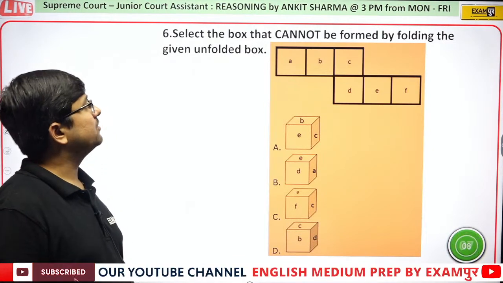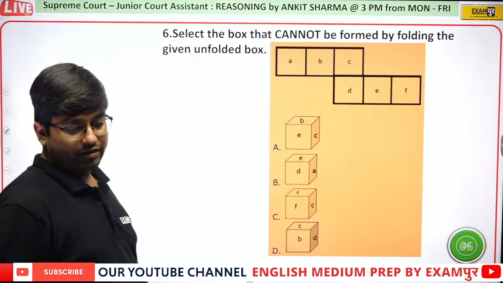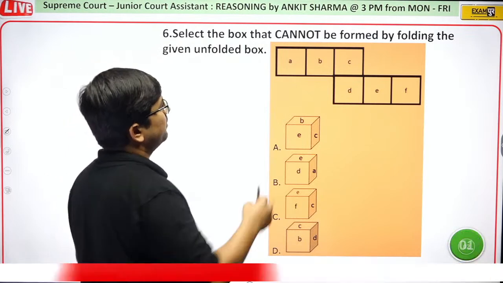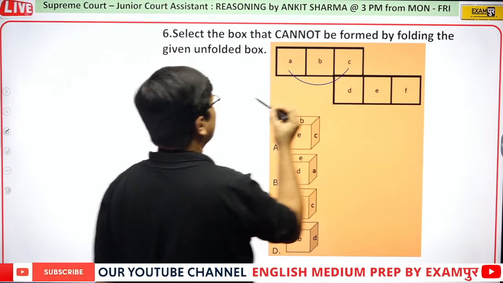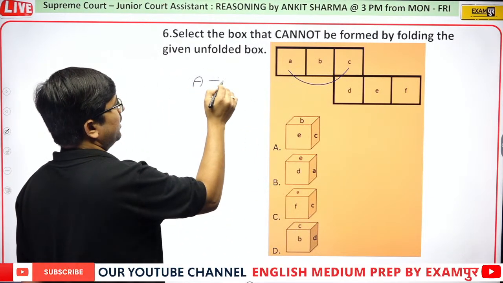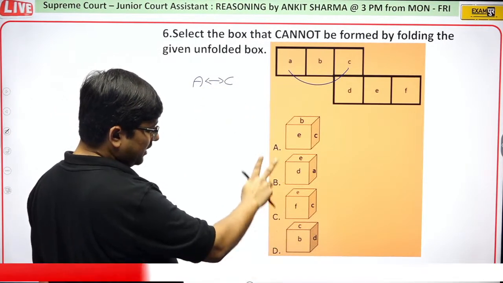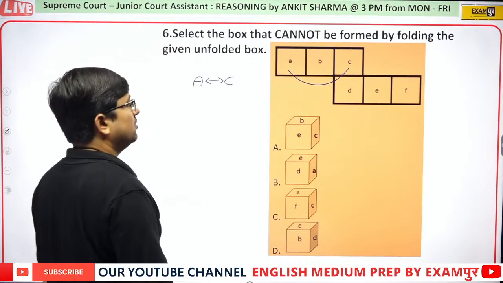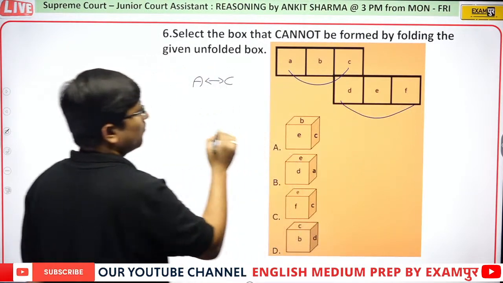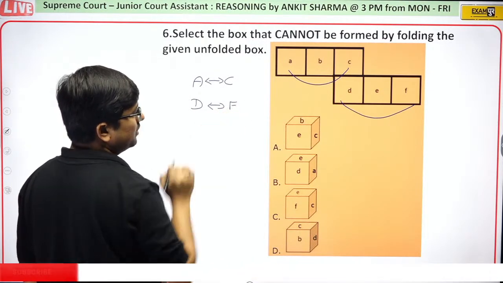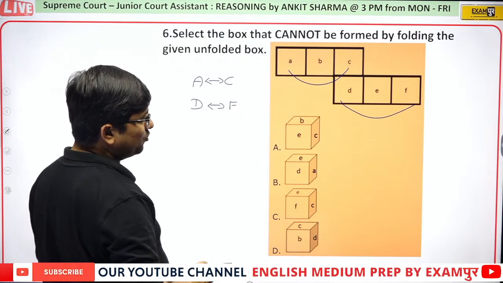Now see, my dear students, here we go. Again the same thing will apply. The faces at a gap of 1: A's opposite is C. If A is opposite C, obviously they cannot be seen together. Is there any place where A and C are seen together? No. Now D's one face gap is F, so D is opposite F. Can they both be seen together?